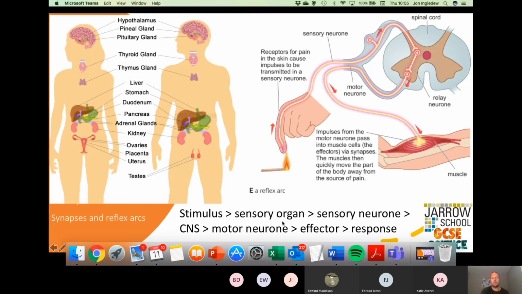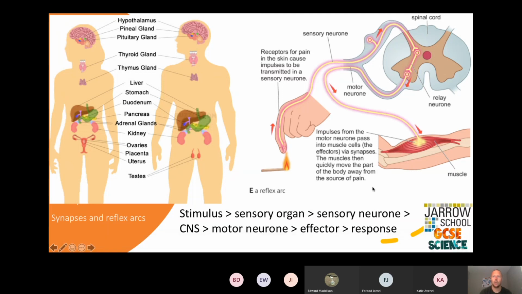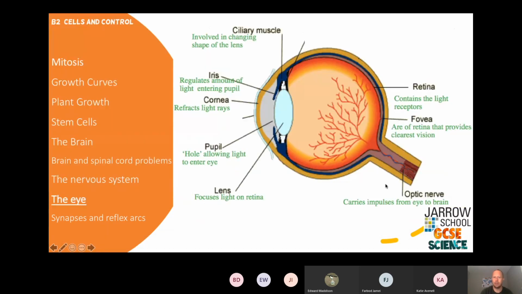So these stimulus response things aren't just seeing, touching. It can also be you get a bit hot, that's sensed, and then you sweat more. So it can be things like that. And we'll do a lot more of this in the hormones topic. So we will look at things like insulin, the pituitary gland and the menstrual cycle and things like that. So we'll do a bit more of that later in the course.